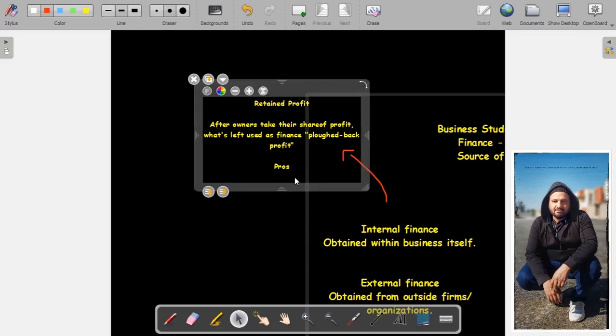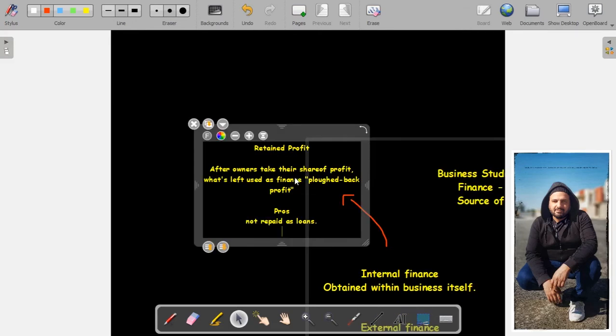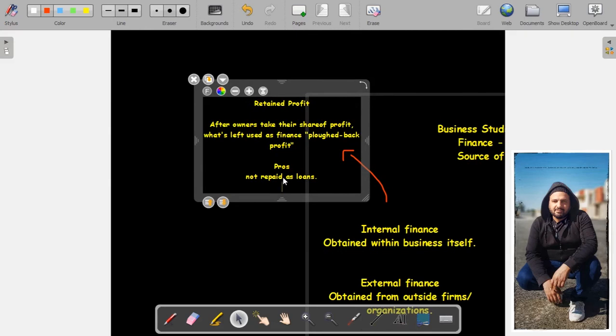It's not something that you repay as loans. If you take a loan from a bank, that is another type of finance. But as I said, it's not repaid as bank loans. This is advantage number one.